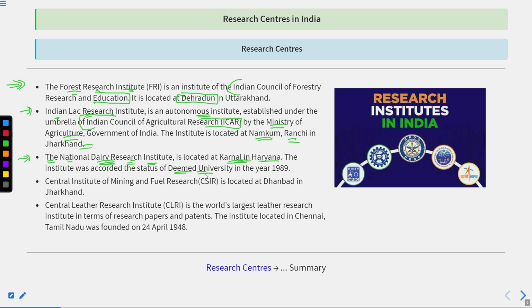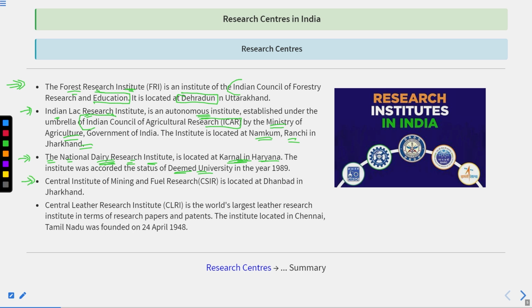After the White Revolution that happened in the 1970s, India got to know about the potential we have in the field of milk production. So that's why the National Dairy Research Institute got established to help us further with this.